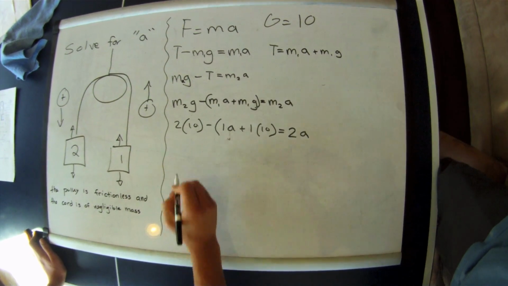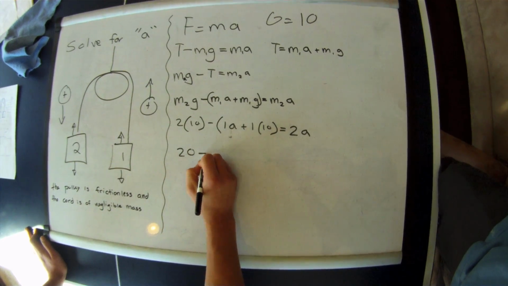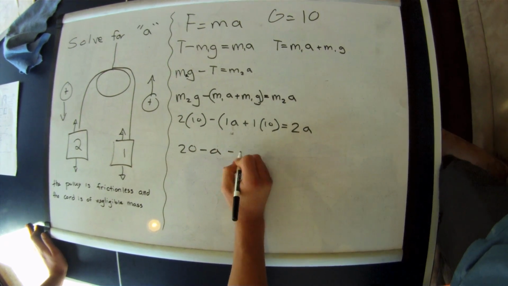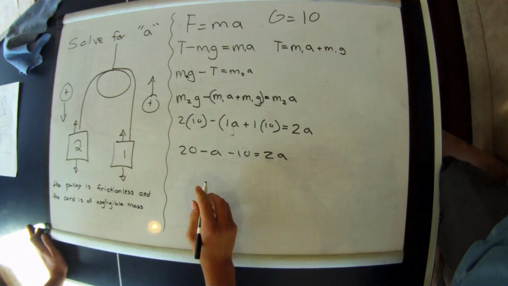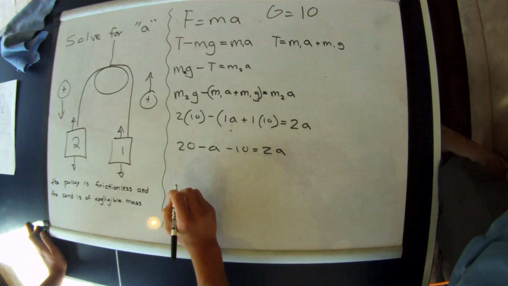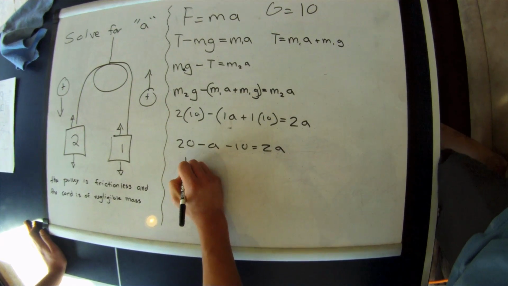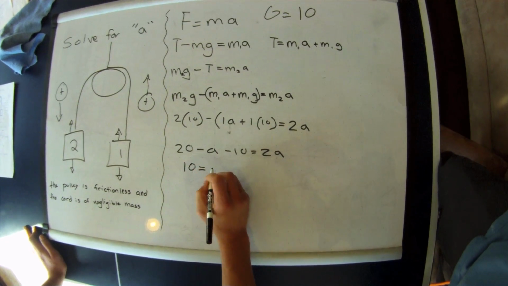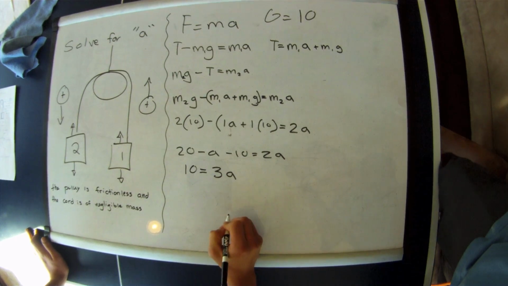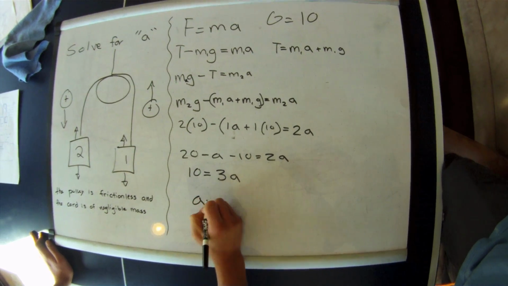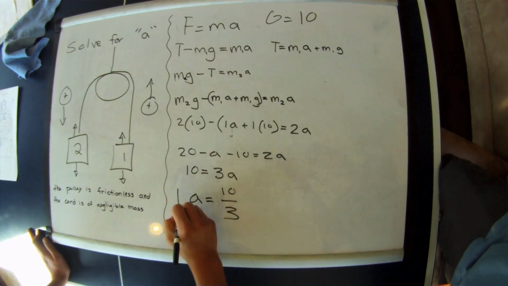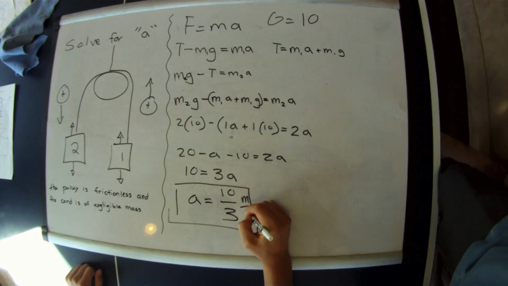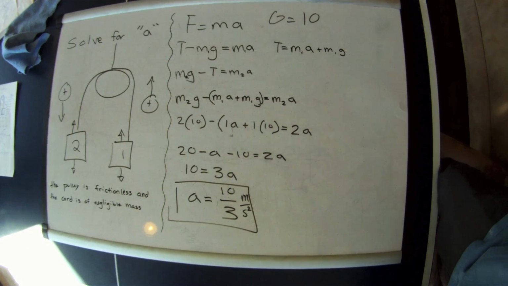So when you simplify that, you get 20 minus a minus 10 is equal to 2a. Then you bring the a over and simplify this side, so you get 10 is equal to 3a. Then when you divide the 3 over, you get that the acceleration is equal to 10 over 3. And that's your answer, all using the formula F equals ma.